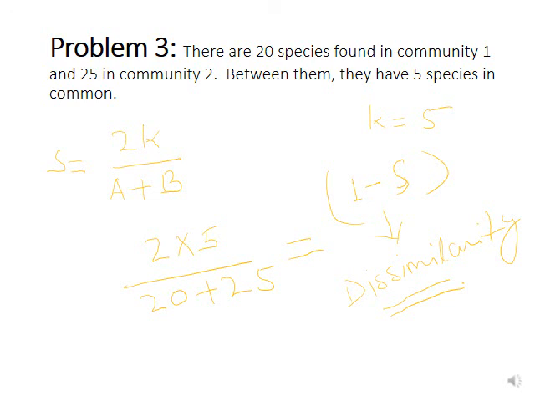Even calculating these indexes is very easy, and I hope after this lecture you will definitely calculate the data which you have with you. You have a lot of data because you have visited many sites during your field visits. So during this time period you have to calculate species diversity, richness and similarity and dissimilarity indexes.